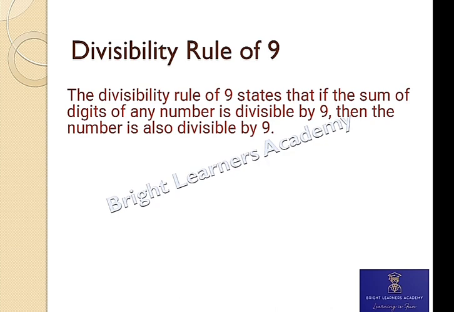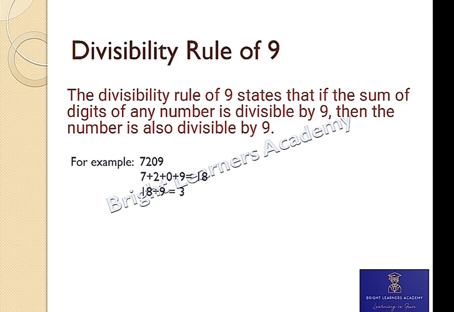Let's see how. For example, the number is 7,209. First we have to make a sum of these digits. So it would be 7 plus 2 plus 0 plus 9 equals 18. Now let's divide 18 by 9. So it would be 3 as quotient and remainder is 0 here.